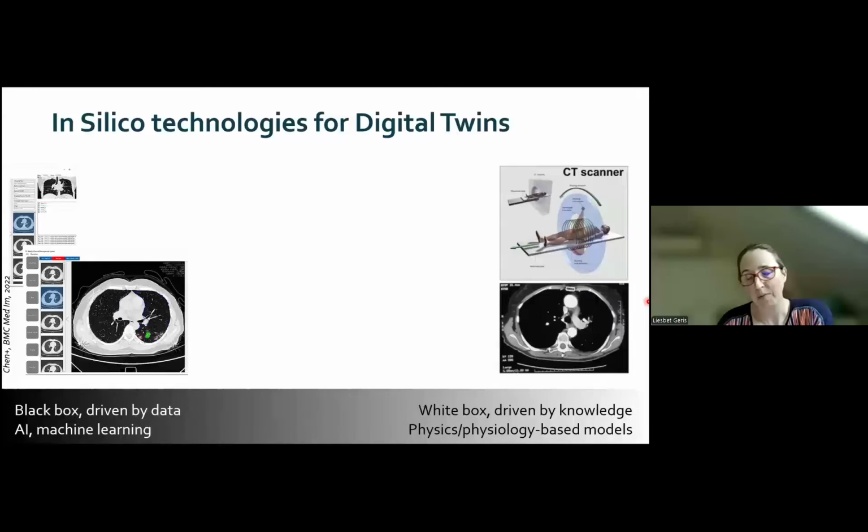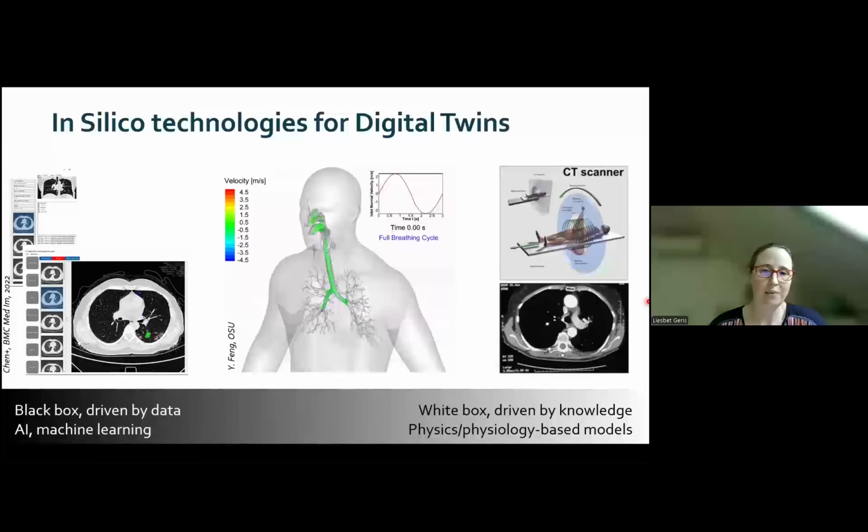You can use white box models to actually create medical images. That's something that many people don't realize, that if you use medical images, you are using white box models, because there is a lot of physics involved in translating the raw images into the things in the images that we're used to looking at. So this is a purely physics-based white box model.